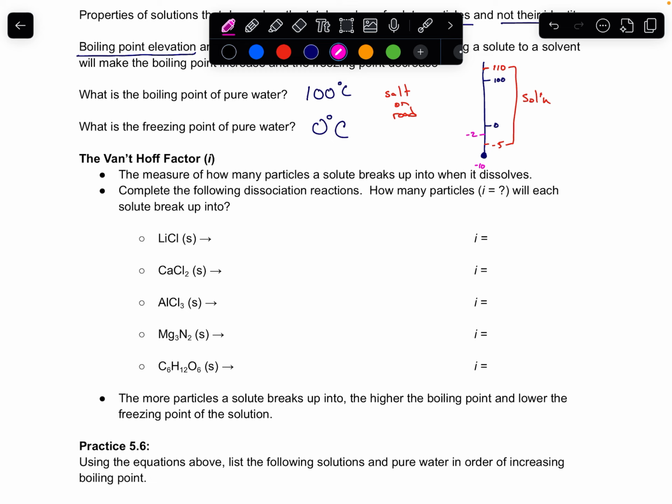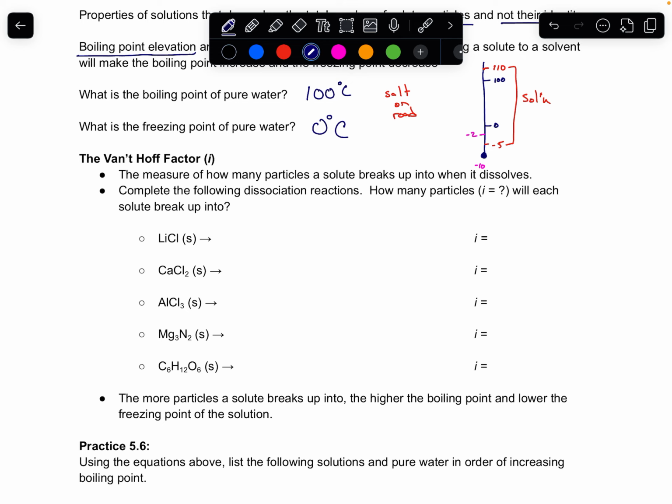What we want to be able to do is look at various different solutes and say which one is going to give us the highest boiling point, which is going to give us the lowest freezing point, etc. Before we can do that, though, we have to talk about something we call the van't Hoff factor, or this i value.